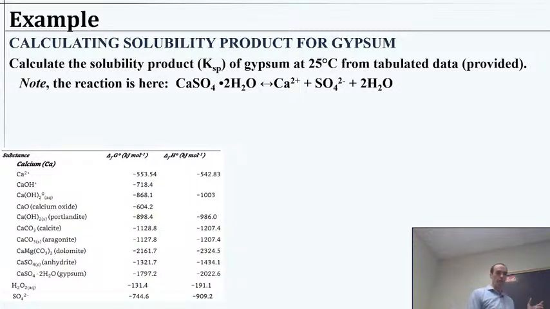So when you see this little dot, that essentially means we have some solid here that the crystal itself or the salt or whatever has some water in it. So for each molecule of gypsum, we have 2 molecules of water stuck in it in this solid form. Okay, so that's going to be in equilibrium with calcium, sulfate, and water.